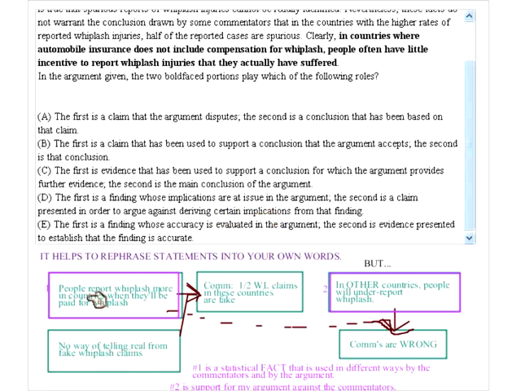The argument never says that this claim is inaccurate. Inaccurate would mean we were actually saying these statistics were wrong, maybe because of the way they were presented or the way the surveys were conducted, but the argument doesn't do that. So, okay, the best choice in concert with what we've said here is choice D. Choice D of these five agrees the most with what we wrote here.